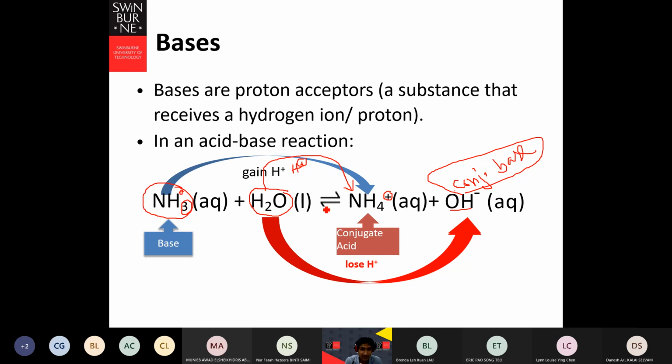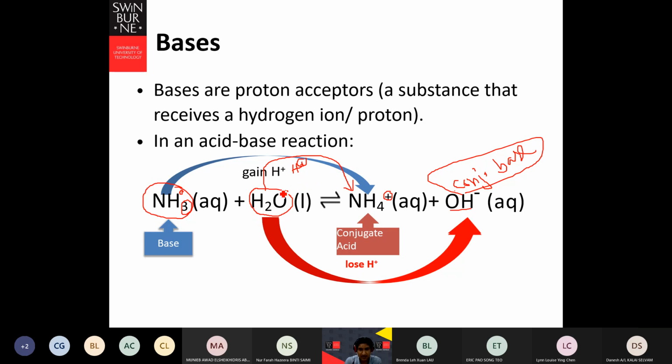So it is positively charged and it has excess hydrogen. So it is able to donate the hydrogen to something else, probably not here, but maybe something else comes along, and then it is able to donate this excess hydrogen and go back to ammonia again.